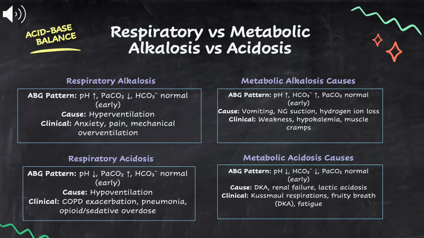This shows low pH and low bicarbonate, with PaCO2 normal early. Causes include diabetic ketoacidosis, renal failure, and lactic acidosis. Patients with DKA may exhibit Kussmaul respirations and fruity breath.